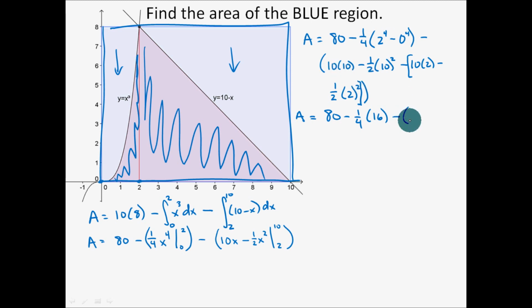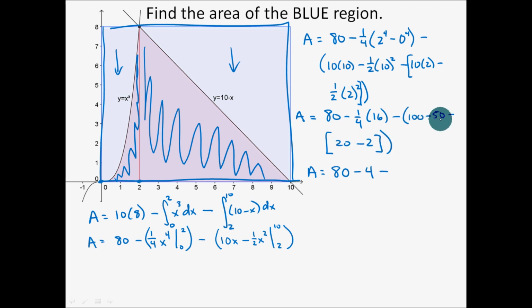So 10 times 10 is 100. 10 squared is 100, but we're going to go minus 50 there. We're going to go minus, we got our brackets now, 20 minus 2 squared is 4, but half of that is just 2. Bracket, close parentheses. All right, let's see if I can still keep up this consistency here with the negative signs. 20 minus 2 is 18.